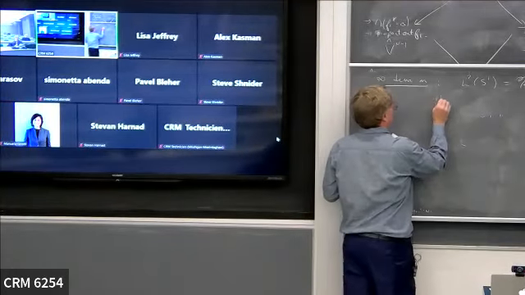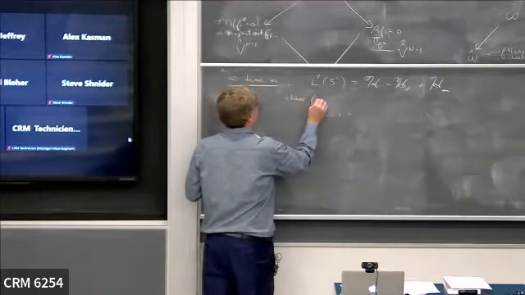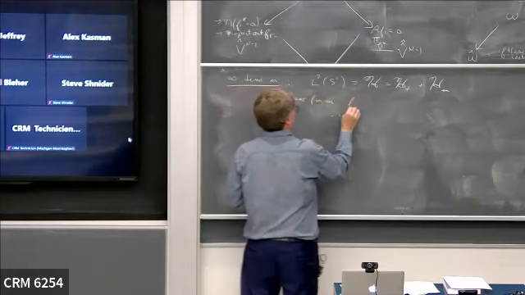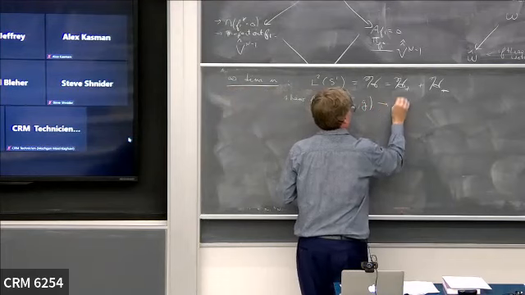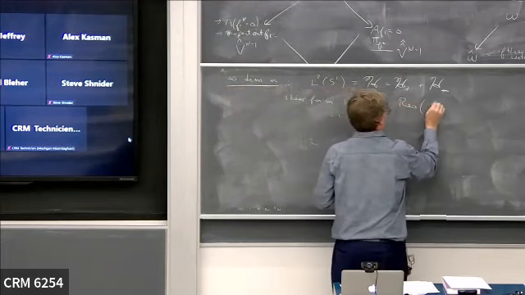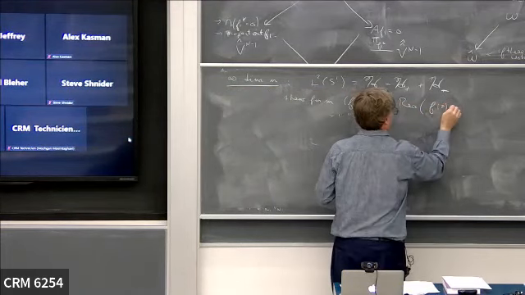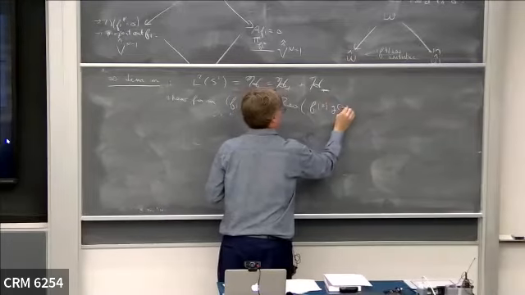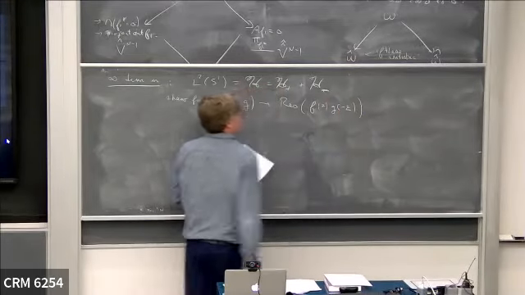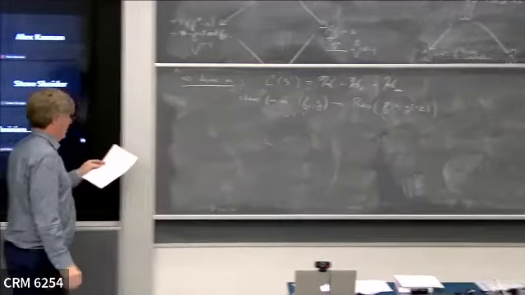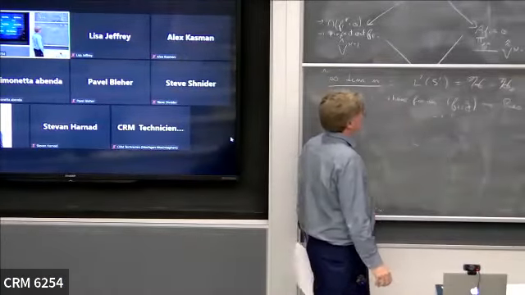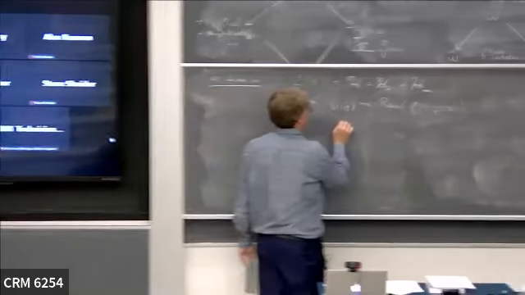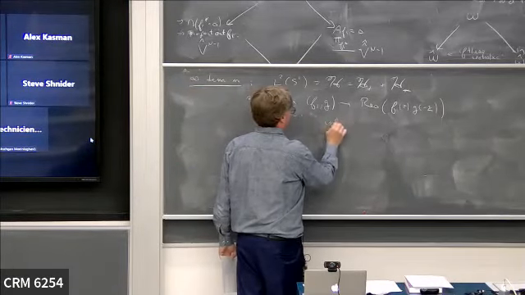You've got a skew form which takes two functions and takes the residue of the product of f of z, and the way you make it skew is you just put g of minus z here. Kind of neat. And so you get the infinite Grassmannian.